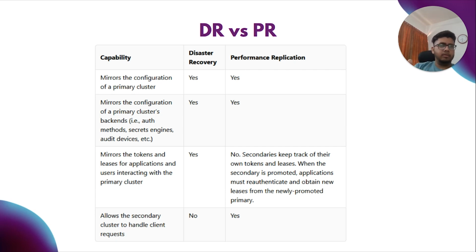Then same method: these are disaster replication and performance replication. Disaster replication occurs when your main server collapses due to some reason, but your applications are running.